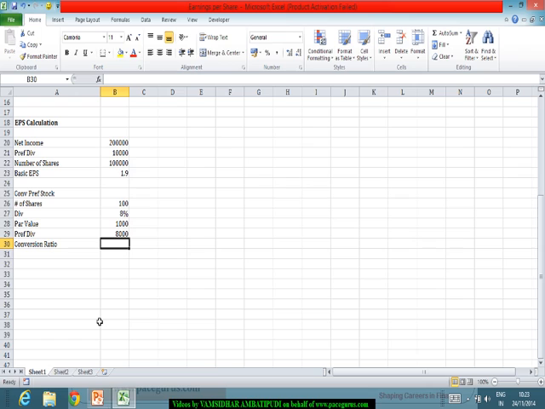The conversion ratio for me is, let's say, one single share is getting converted into 25 shares of equity. Let's say we are talking of one single convertible preference stock having a face value of 1000 getting converted into 25 shares of equity.